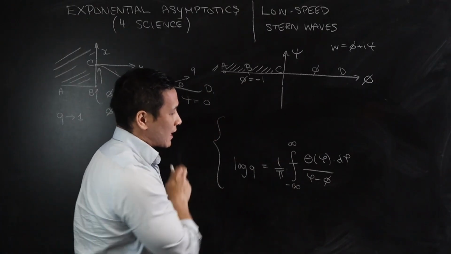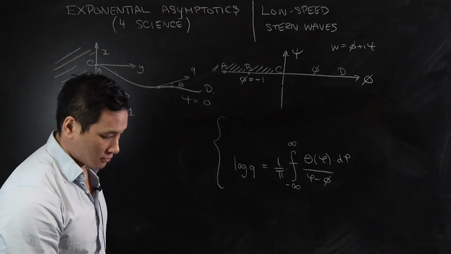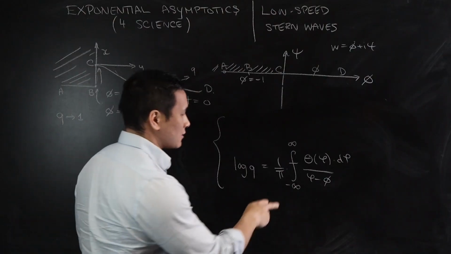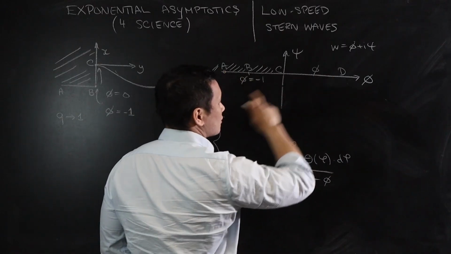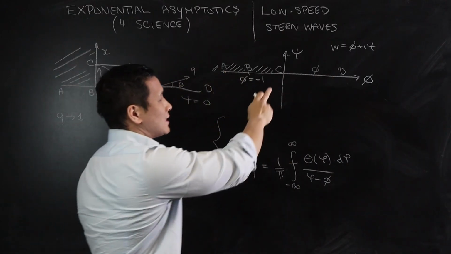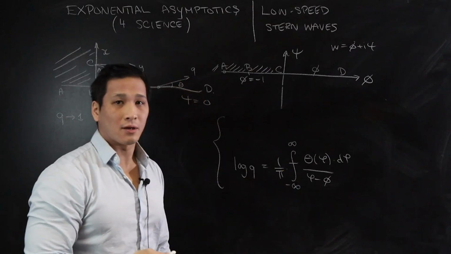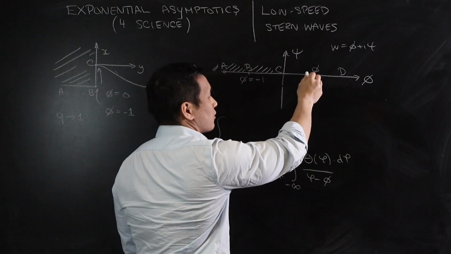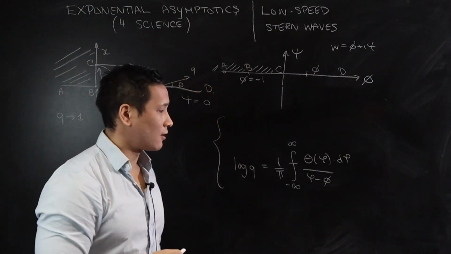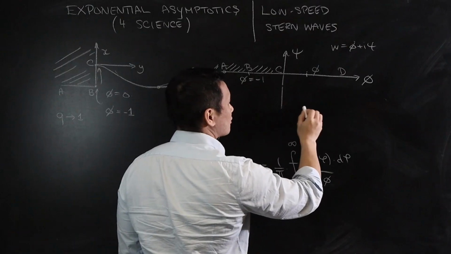This integral with a dash in front of it just means the principal value integral. What this integral means is that phi is evaluated somewhere along this axis from C to D. That's the free surface. And so the integrand will be singular at this point here, at the desired point phi. So you end up splitting the integral.